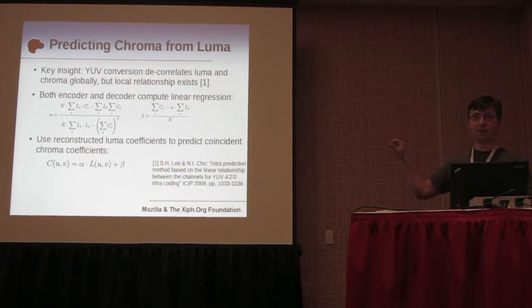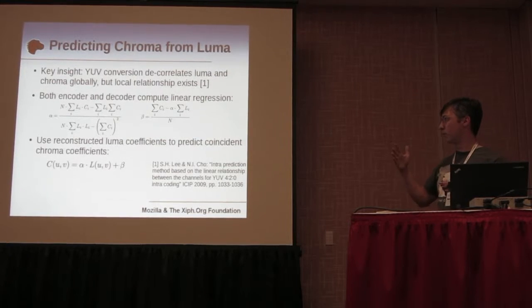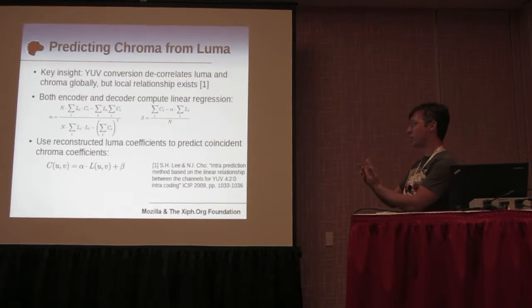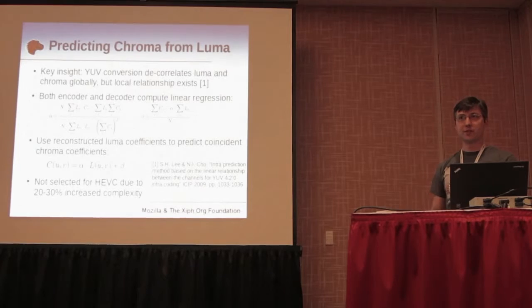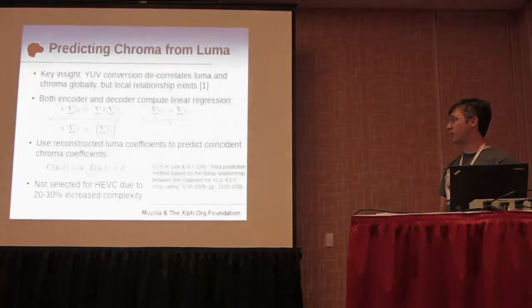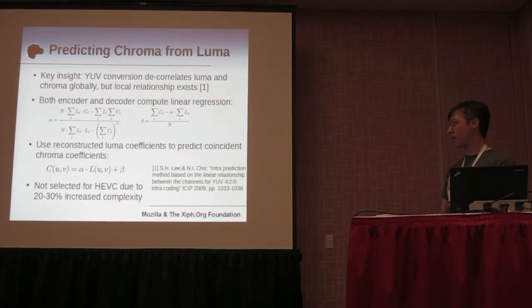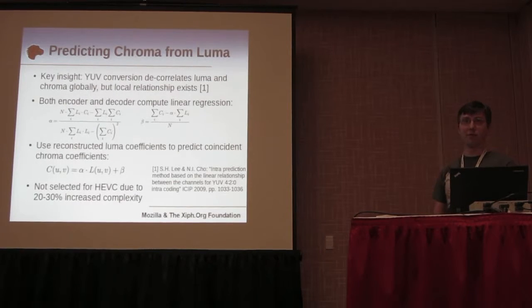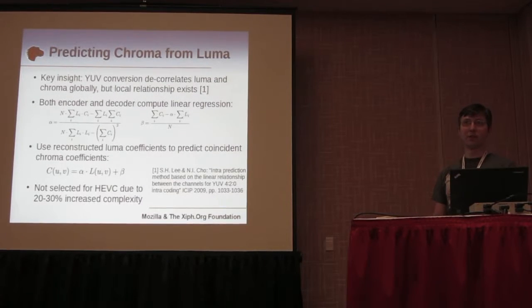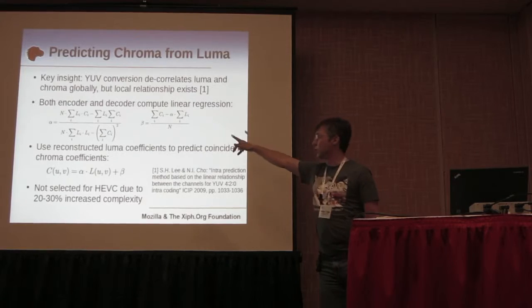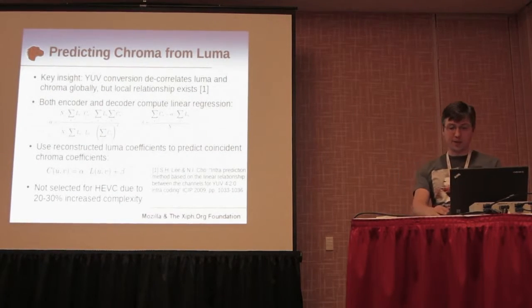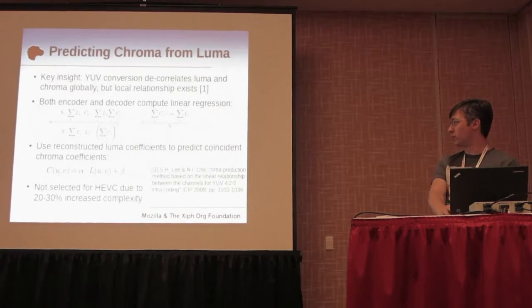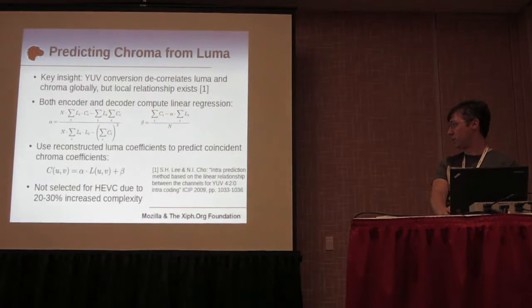So based on the linear regression, we're able to come up with a Chroma predictor that's coincident to that Luma decoded plane. This, however, was proposed to HEVC and not selected because it saw a 20-30% increase in runtime complexity in forming the predictor, because you have to do this linear regression on every block. That ends up being very expensive for the decoder as well as the encoder.